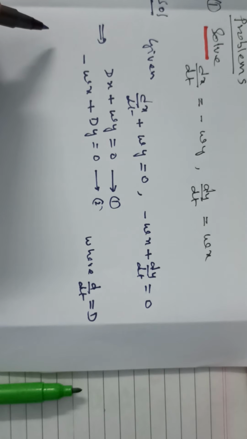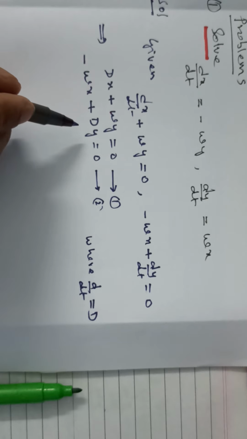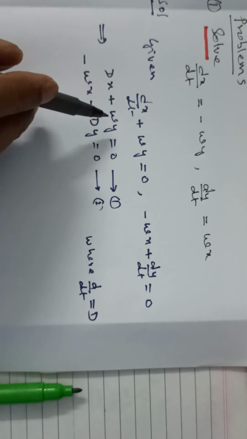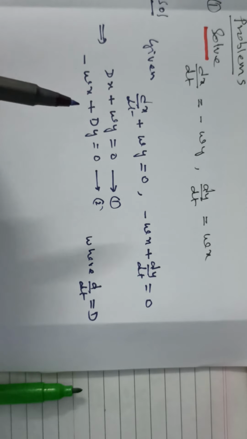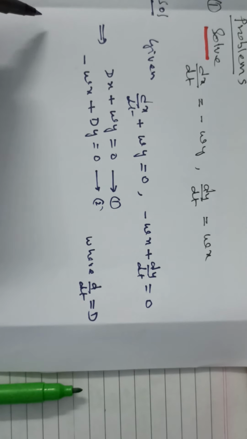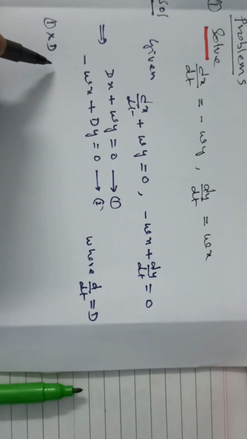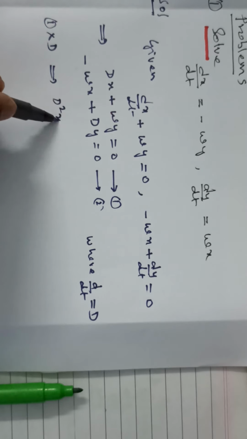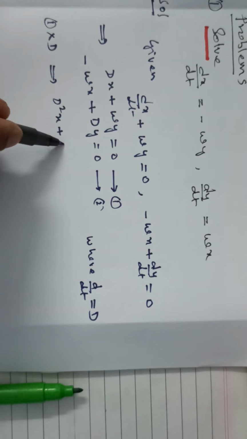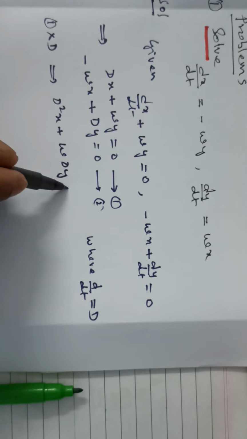So we can eliminate the variable y, so multiply the equation 1 with D and the second equation with omega. So 1 into D implies D square x plus omega Dy is equal to 0.